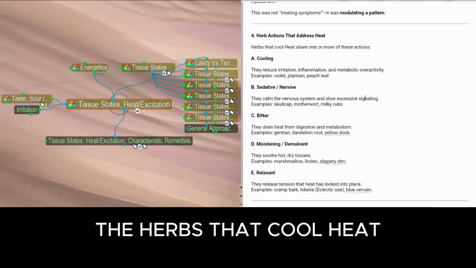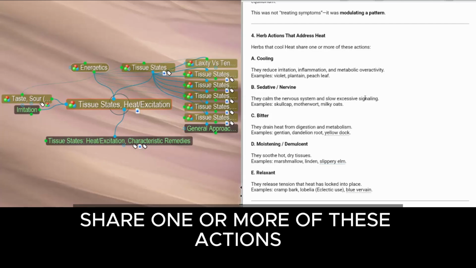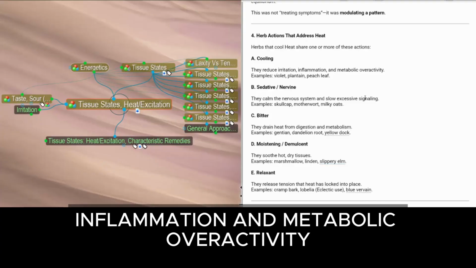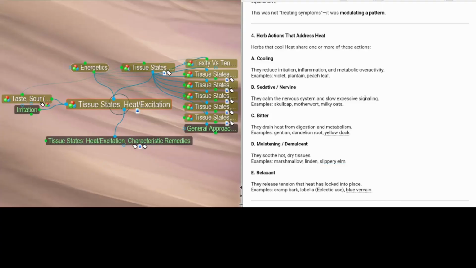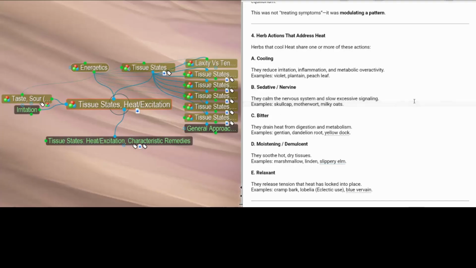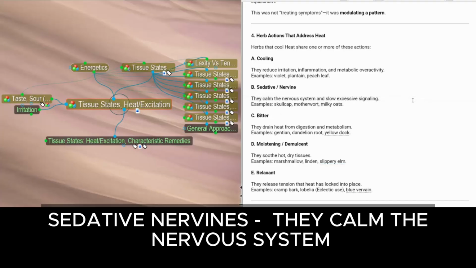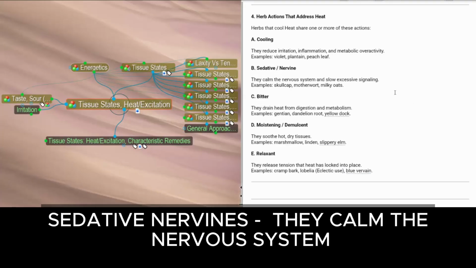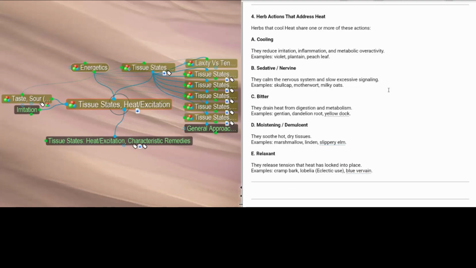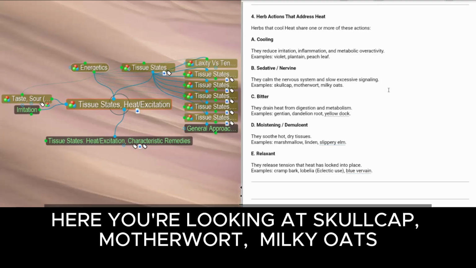The herbs that cool heat share one or more of these actions. Cooling, they reduce irritation, inflammation, and metabolic overactivity. Examples are violet, plantain, and peach leaf. Sedative nervines, they calm the nervous system and slow excessive signaling. Here you're looking at skullcap, motherwort, milky oats.